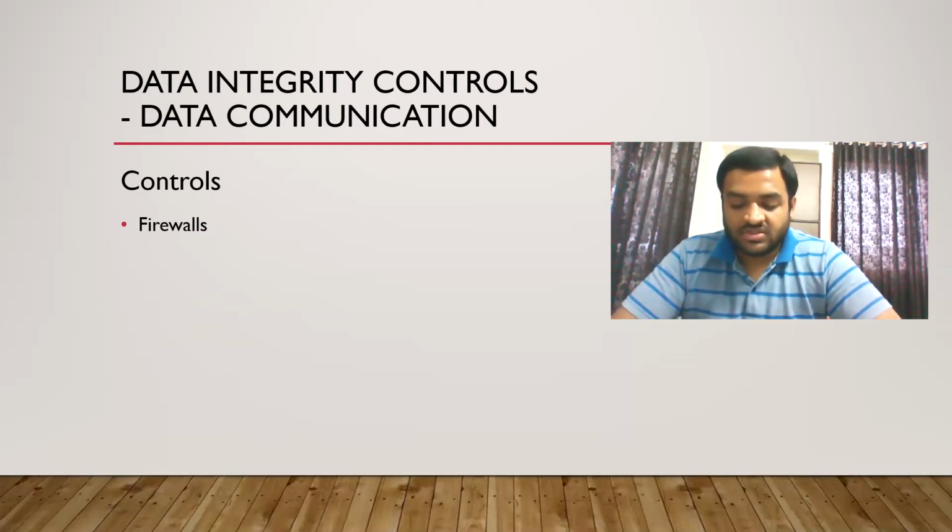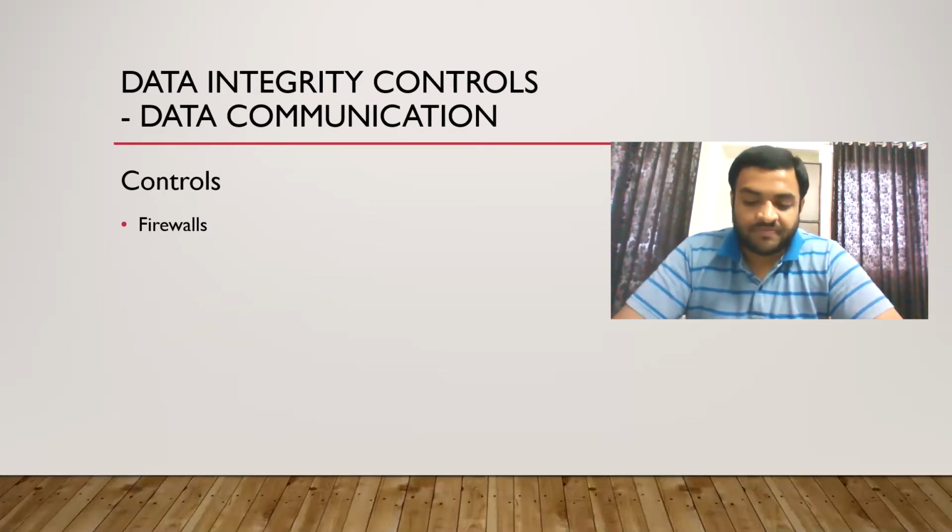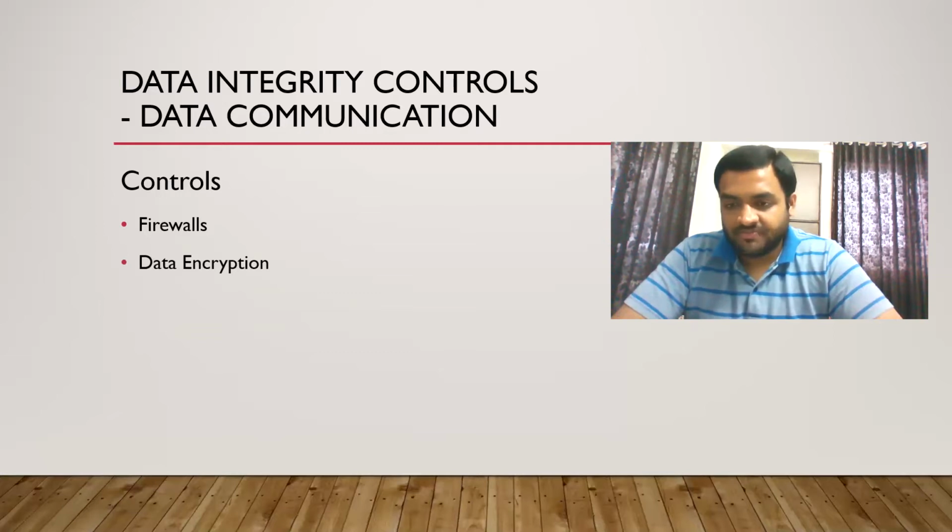So what these firewalls will do is they will divert this public traffic so that the network can work efficiently, and it will also make sure that no viruses enter the system. Then obviously we will do data encryption so that the integrity of the data is maintained when it is being transmitted.